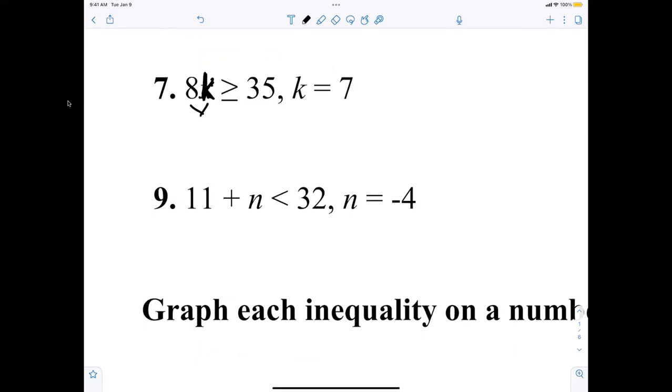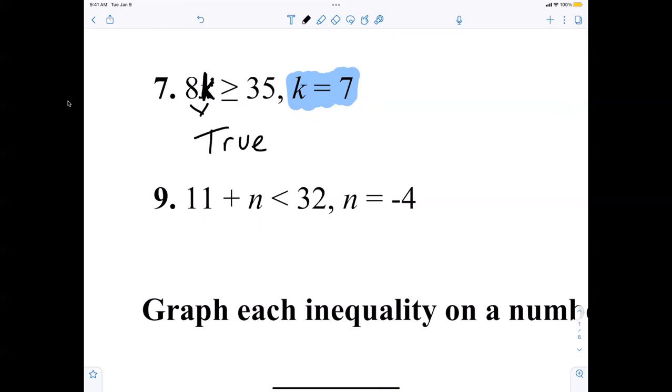Times. When you say it like that, I'm asking you, what does 8K mean? It is true, right? It's true because 8 times 7 is greater than 35.